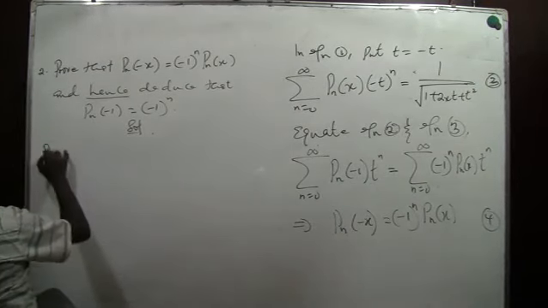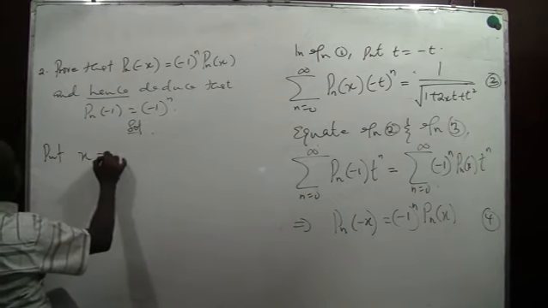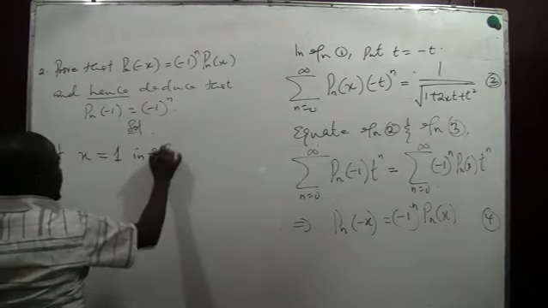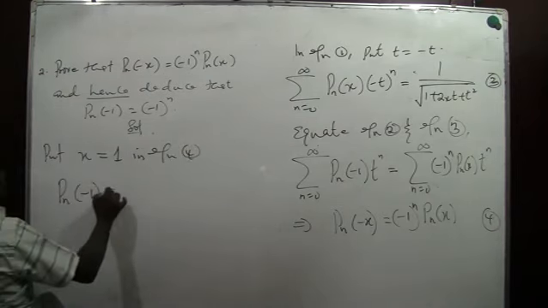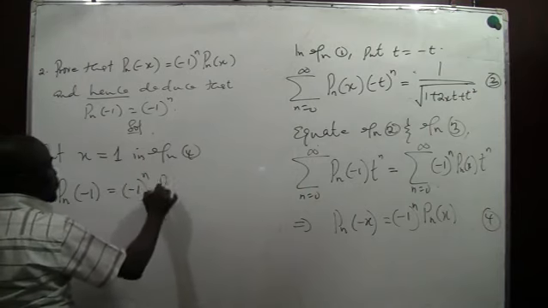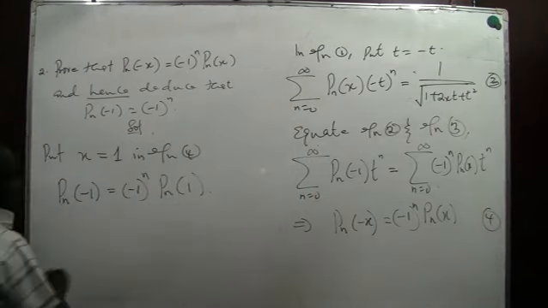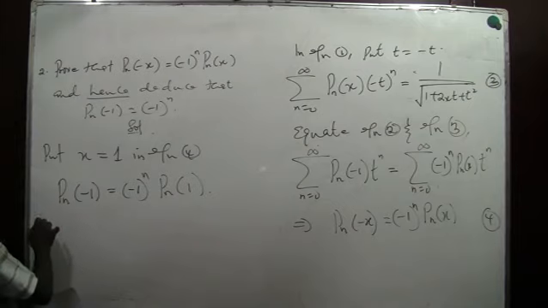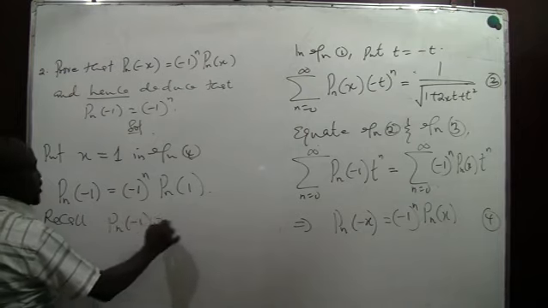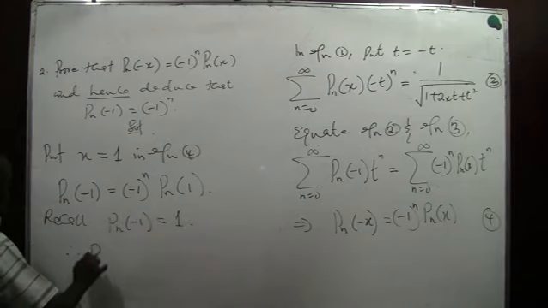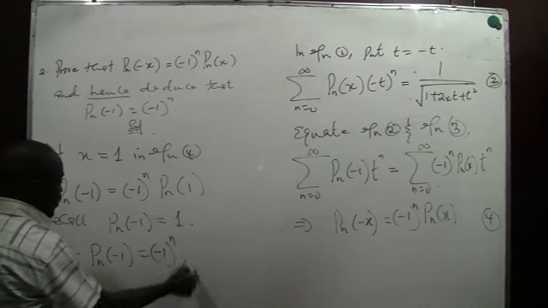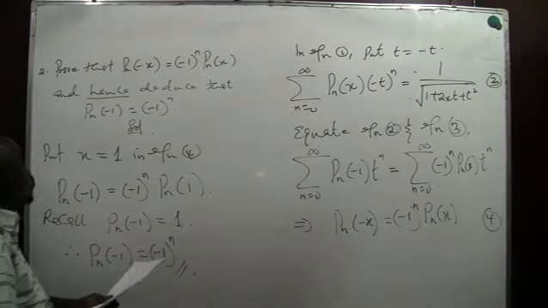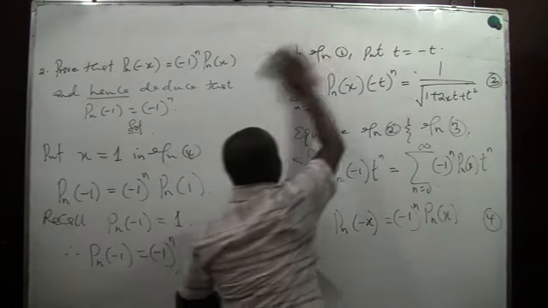Put x equals 1 in equation 4. What do we have? We have Pn of minus 1 equals minus 1 raised by n Pn of 1. And already we have generated the value of Pn of 1. So recall that Pn of 1 is the same thing as 1. So therefore, Pn of minus 1 is the same thing as minus 1 raised power n, which established the second part of the problem. Let's take another question.